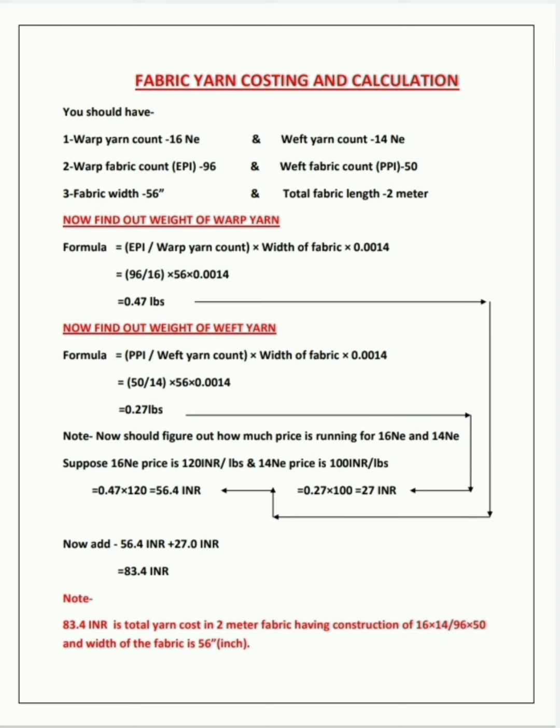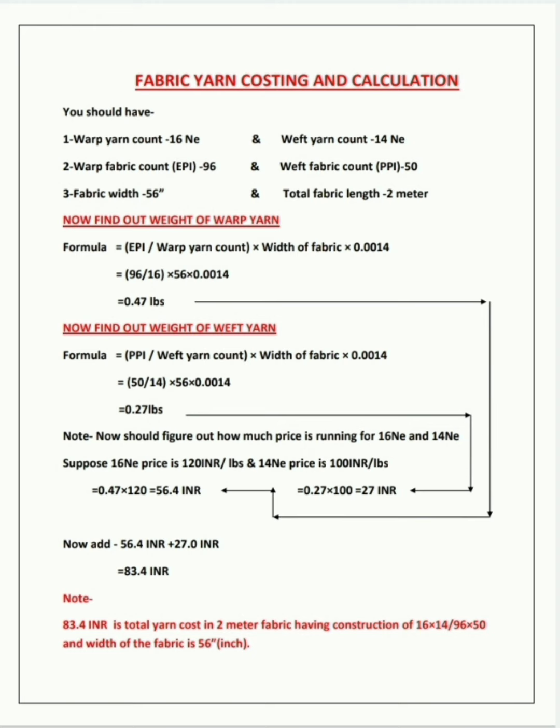In this formula you just put in your standard values. For the warp yarn weight, I took EPI 96, warp yarn count 16, and fabric width 56 inch. I put everything in the second red line, and after that I got one value, which is 0.47 lbs.